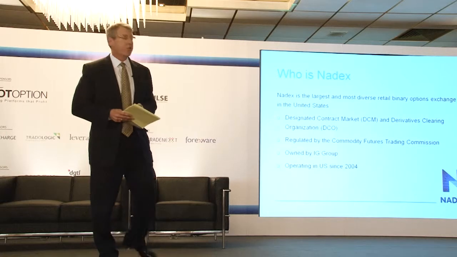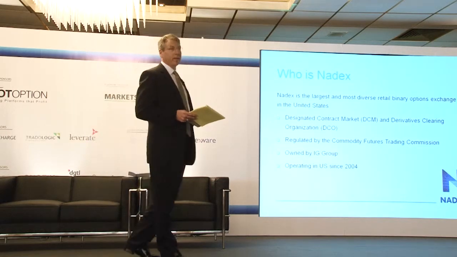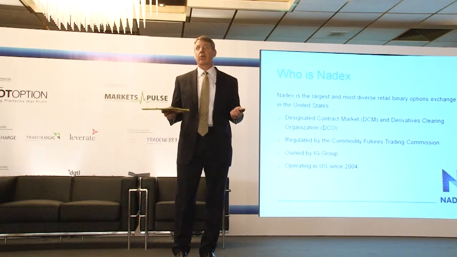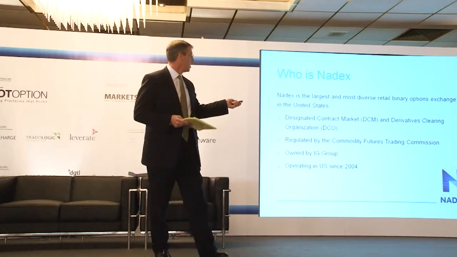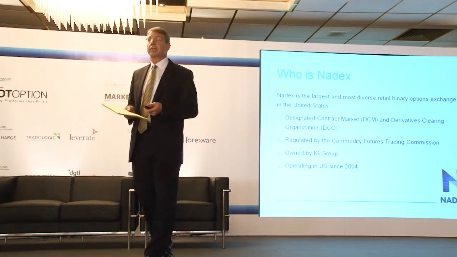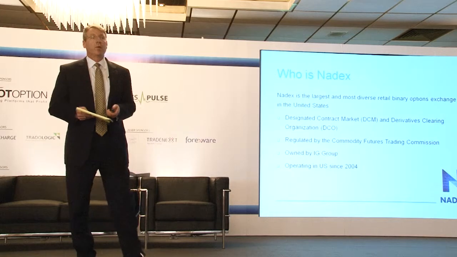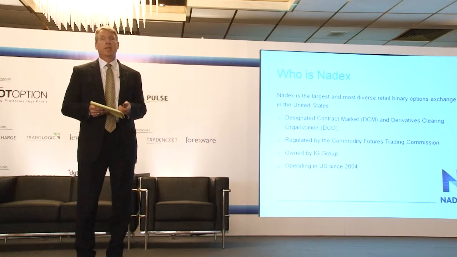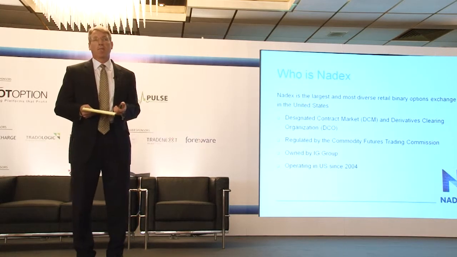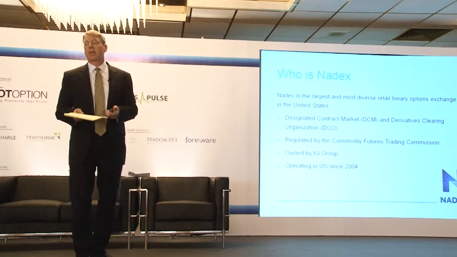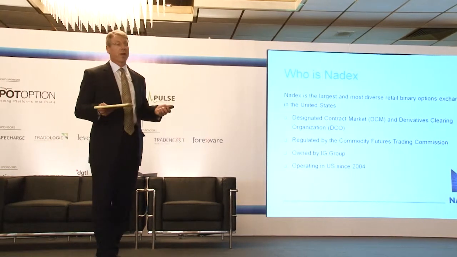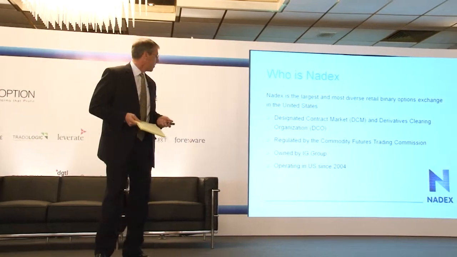We're all designated contract markets. That means we can list and offer contracts for trading in the United States. Similarly, as a derivatives clearing organization, we've been recognized by the CFTC to accept and hold funds, to settle contracts, to act as a clearing organization or clearinghouse in the US.